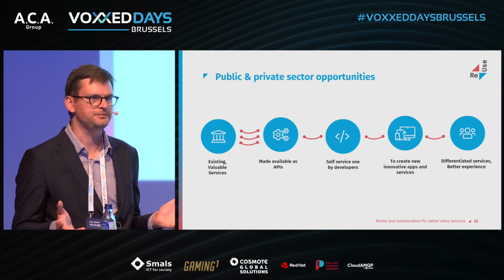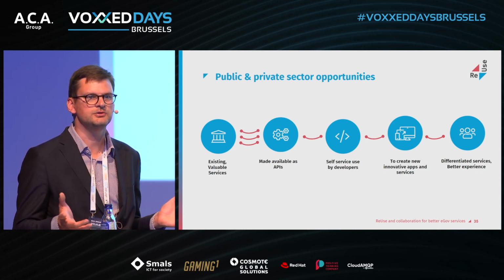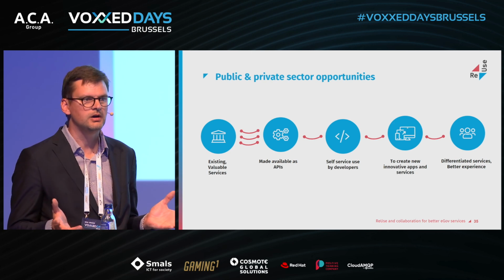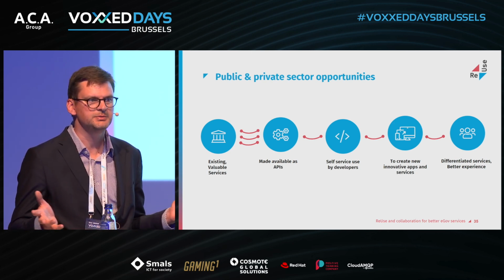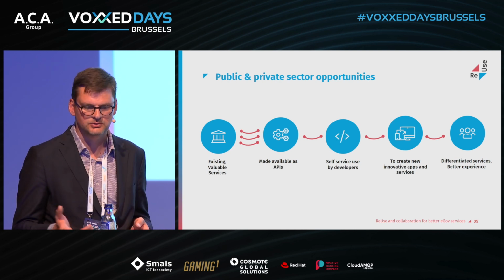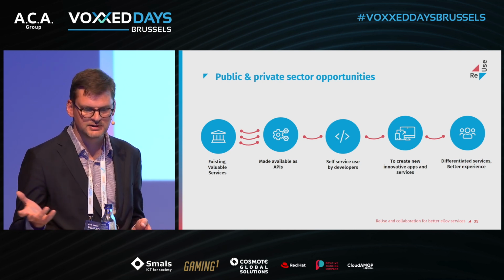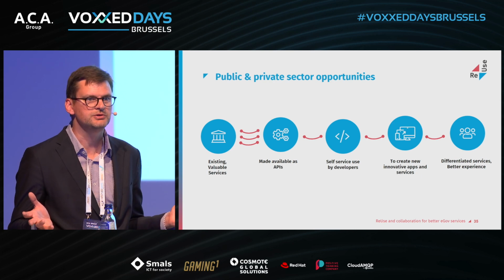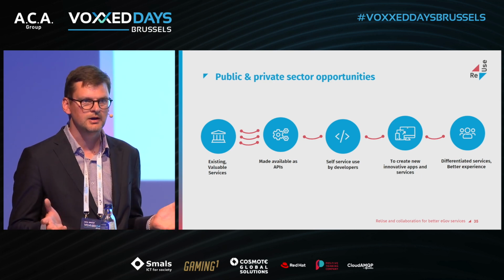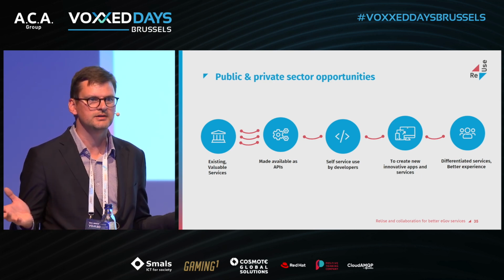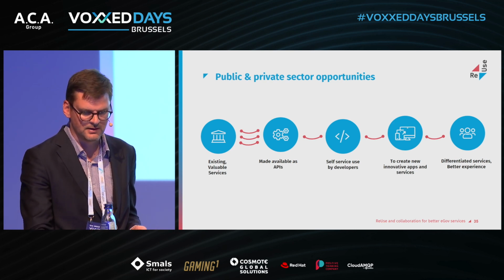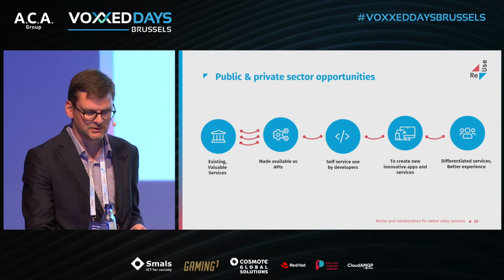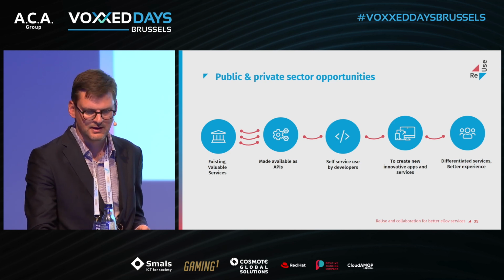And so, of course, the government institutions can also use the knowledge and expertise of other parties to have differentiated services and a better user experience. So it's not the institutions alone, but it's again with our public-private partners that we try to achieve this.